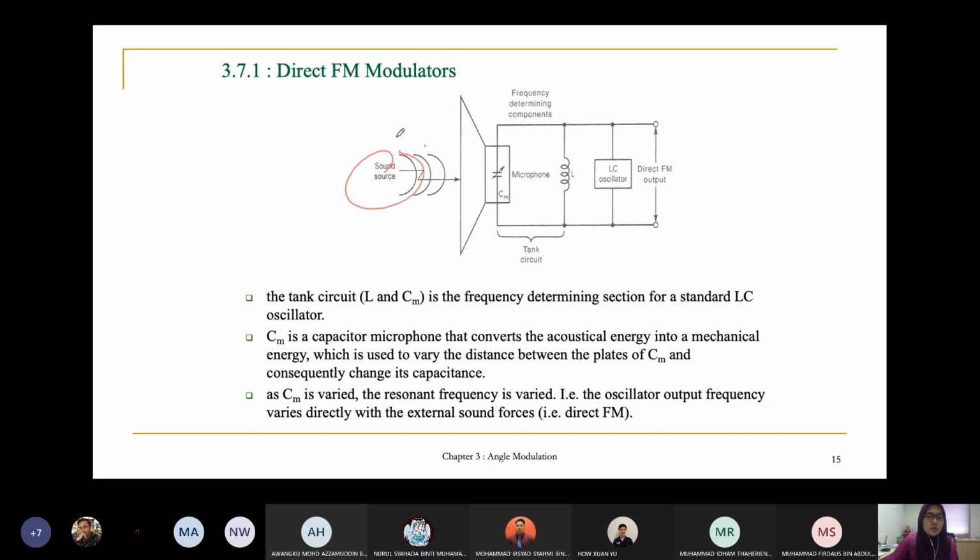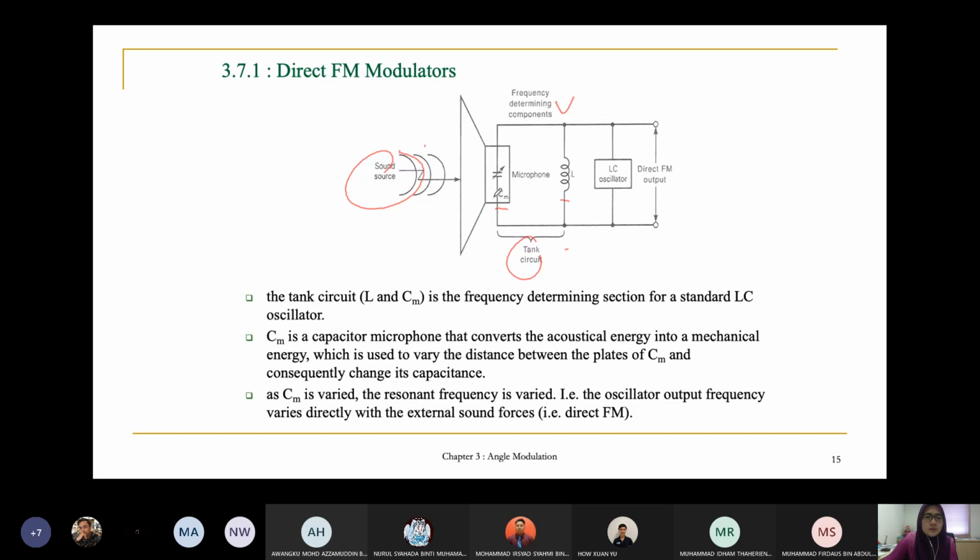The sound source is the signal that you want to send. In the circuit you have a tank circuit, which consists of the inductor L and the capacitor Cm. The function of this tank circuit is as the frequency determining components.